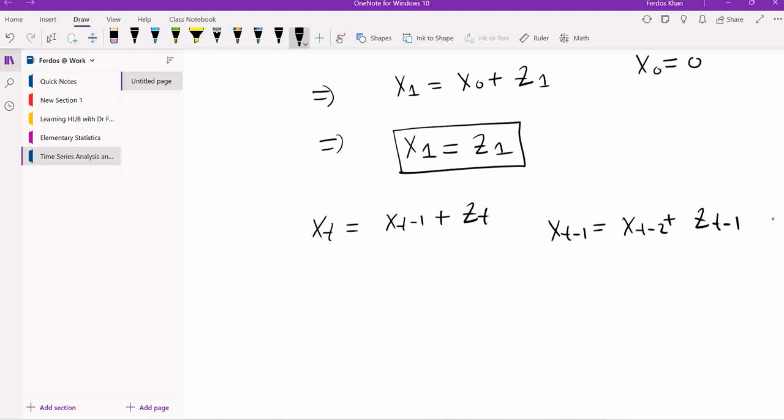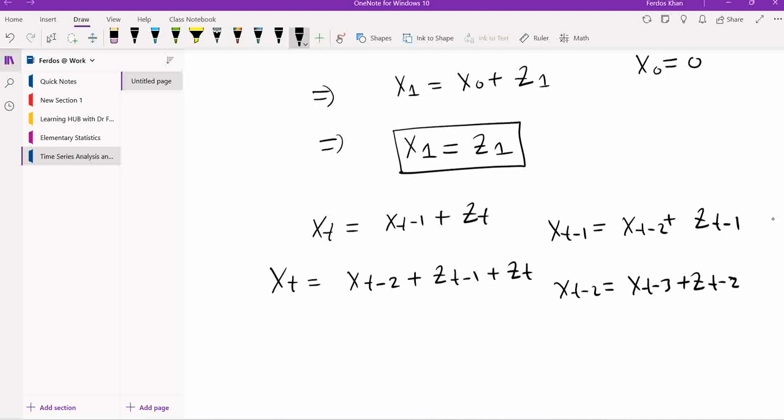Just put this value in this equation, you will get Xt minus 2 plus Zt minus 1 plus Zt. Again, Xt minus 2 equals Xt minus 3 plus Zt minus 2, and you can put this here.